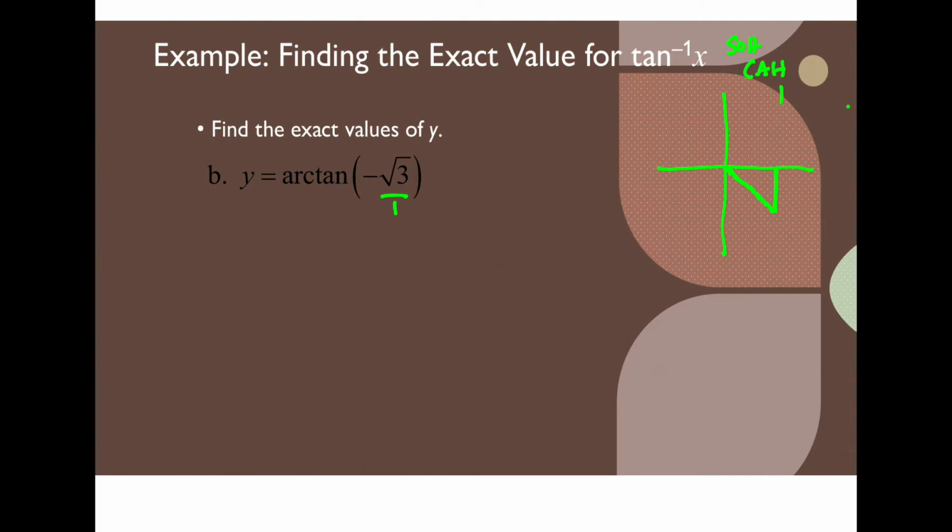The most important for us right now is the TOA part, and that means opposite over adjacent. So for the arctan of negative root 3, that would be negative root 3 over positive 1. Those would be the two legs of the right triangle.